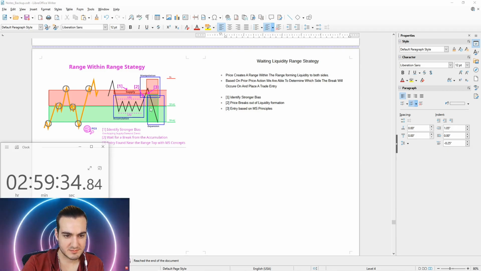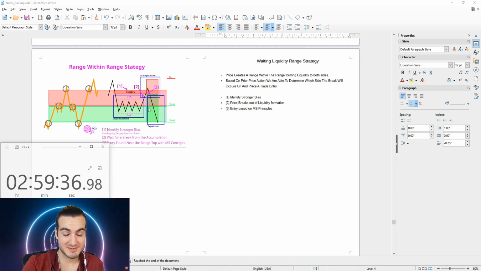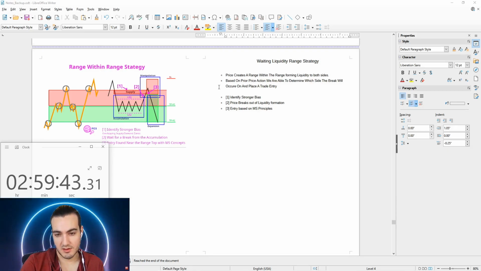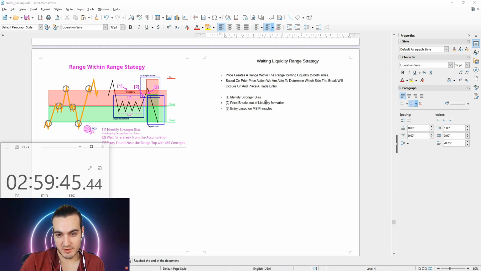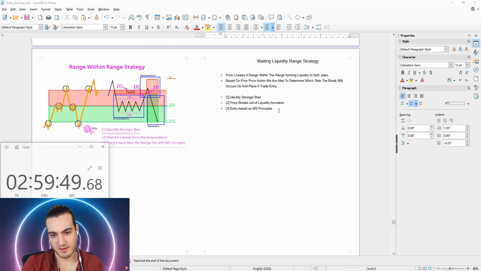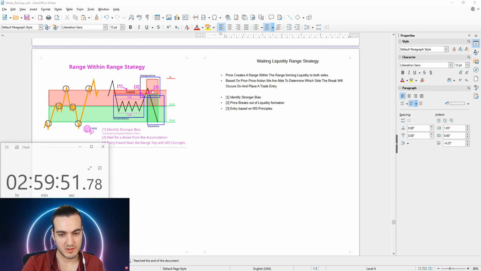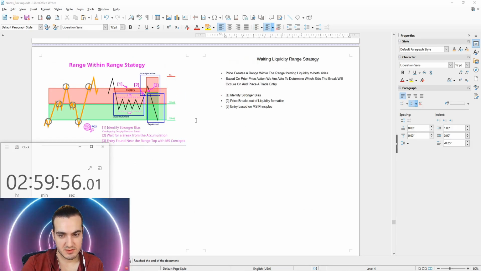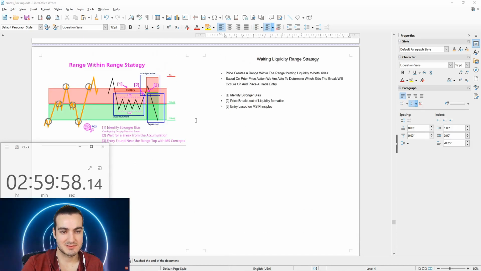So step 1, identify the stronger bias. In this case, it would be an upside bias because of the supply zone up here. Price breaks out of liquidity formation. That would be step 2, and then we enter based on whatever we happen to see. So let's go to the example, because that's where the action's at.